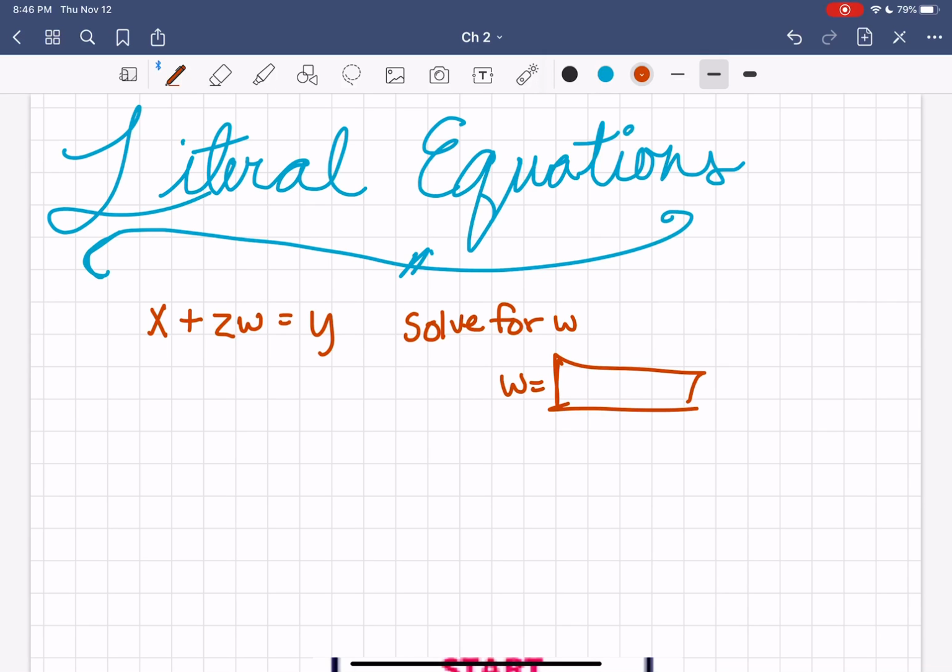But when we are dealing with literal equations, we're just going to end up with a rearrangement of our variables, basically. But I think it's really cool. The first thing that I'm going to want to do when I'm solving equations, I always undo the adding and subtracting first, and then I'm going to undo the multiplication and division.